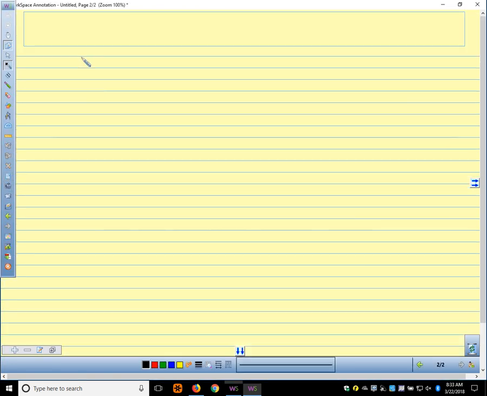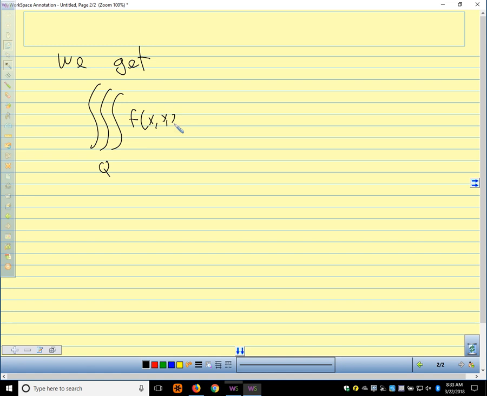So we get that the triple integral over our region Q of f of x, y, z dv is going to be, and we can evaluate this as an iterated integral, and I'm going to write it in the usual order, from theta 1 to theta 2, from g1 of theta to g2 of theta, the integral from h1 of r, theta to h2 of r, theta.